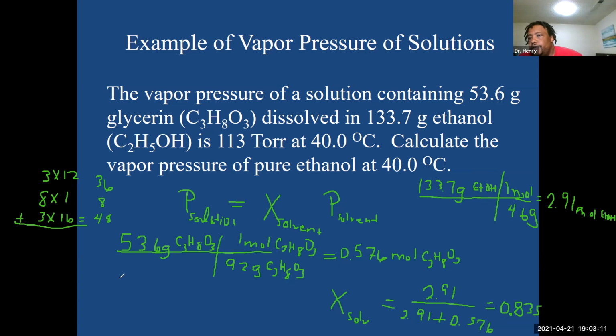Okay. So then we just plug that in. Well, we'll solve for the P solvent. So we have P solution over X solvent equals P solvent. This is going to be 113 torr divided by 0.835.